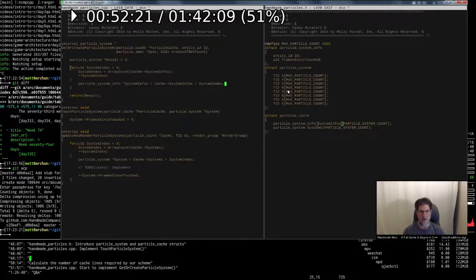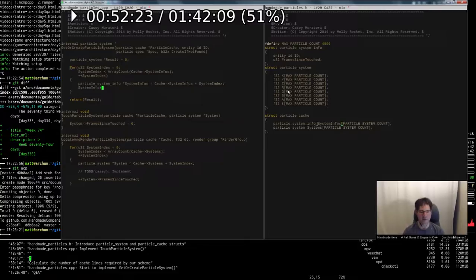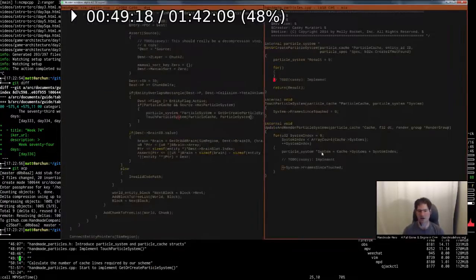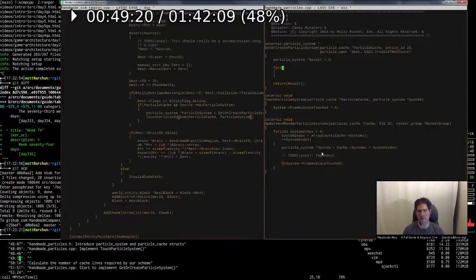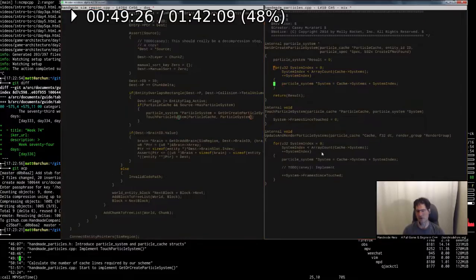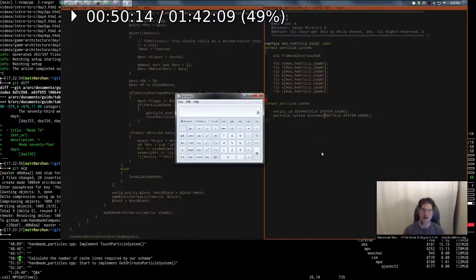So we would say, okay, the system infos ID, if the ID. Then we can see how we would do the beginnings of the implementation here. It's a little inefficient, but who knows, if we're only searching through 64 of these, it might be hard to make it that much more efficient.